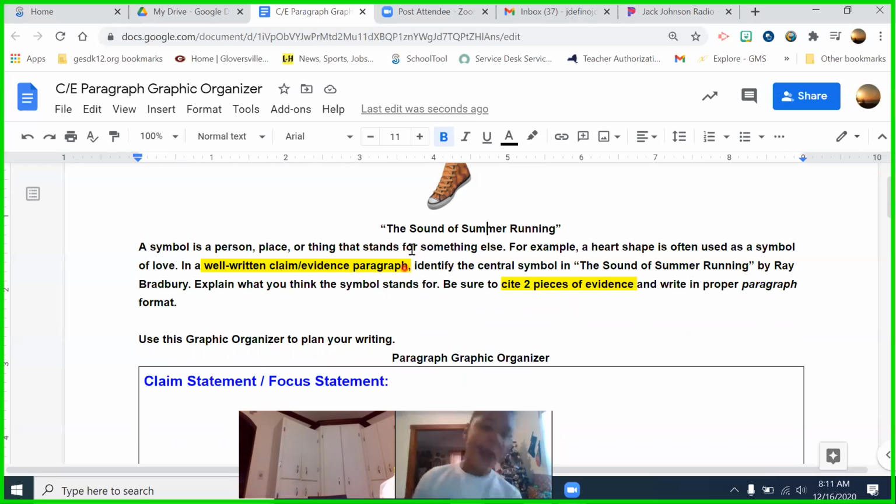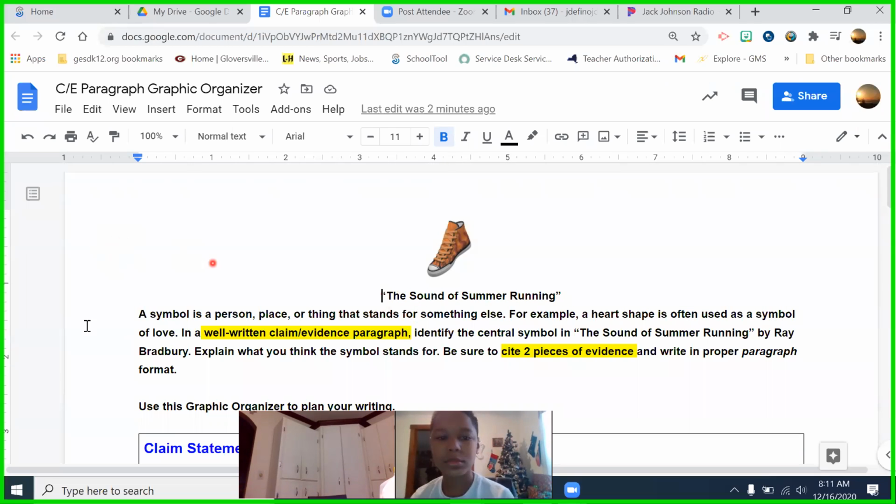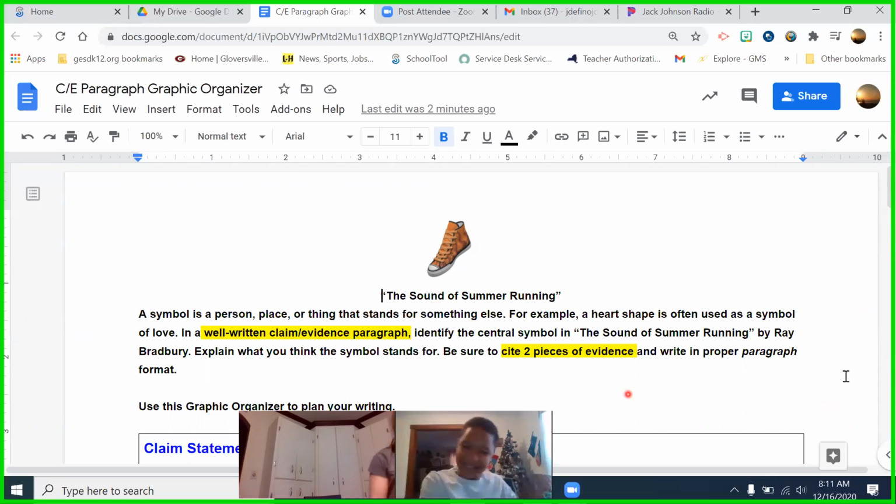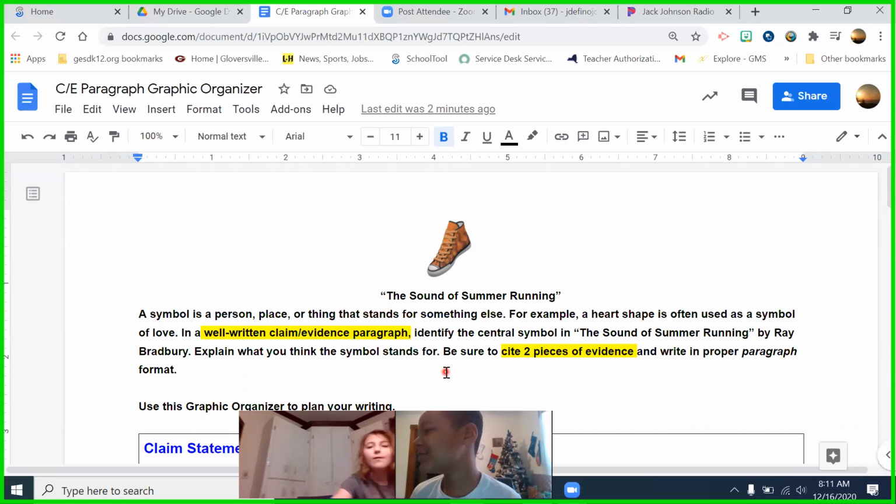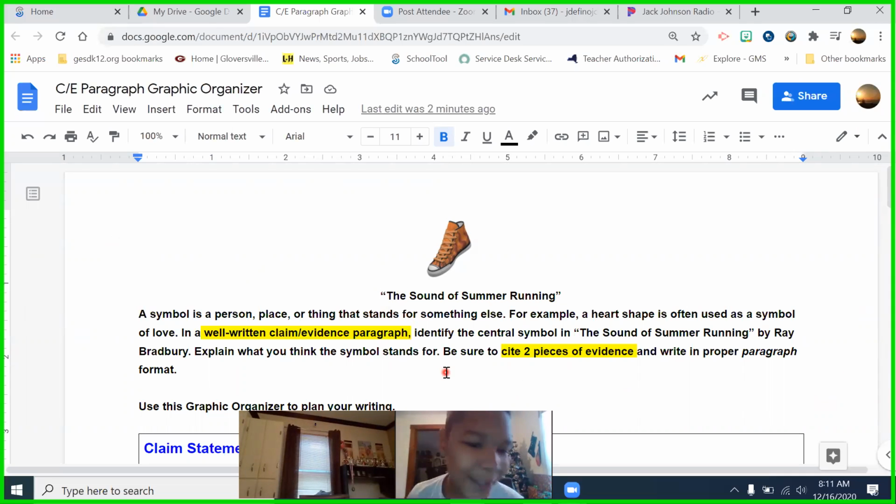Okay. Could you kindly look at the directions, which are right here that I just read? We did this last week together. Okay. Look at the directions and figure out where in the directions it tells us what we have to write about. Yes, we have to write about the sound of summer running. We probably will write about the shoe, but what exactly do we need to write about?